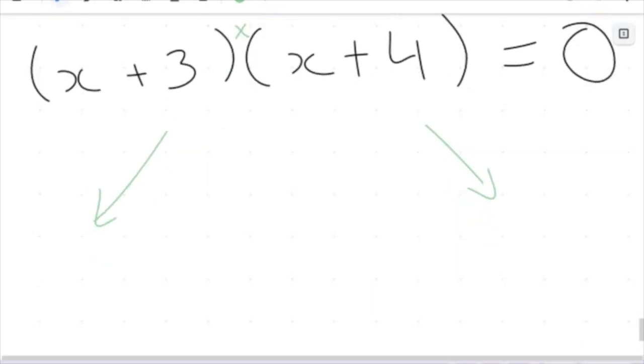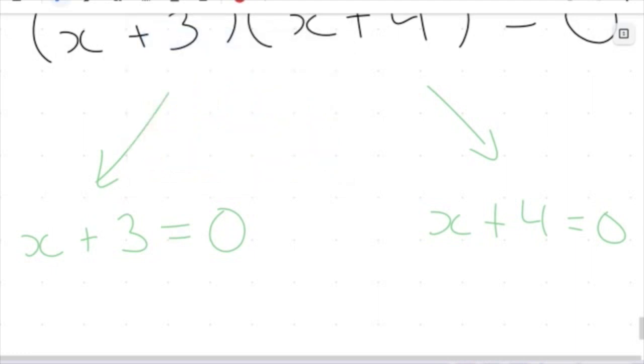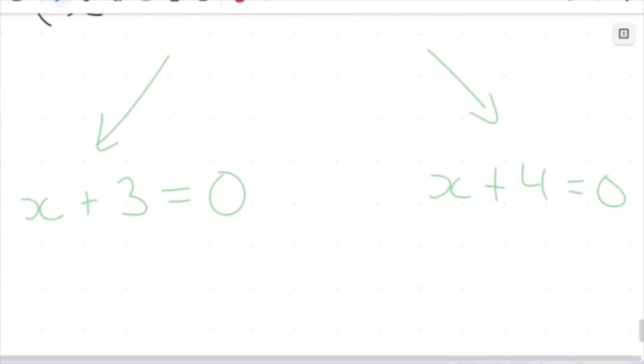So I have my first expression, x plus 3. I want to find a value of x that makes this x plus 3 equal to 0. And my second expression, I want a value of x that makes x plus 4 equal to 0. Now, I'm going to work through this a bit quicker because we've done these techniques a lot in the last few videos.